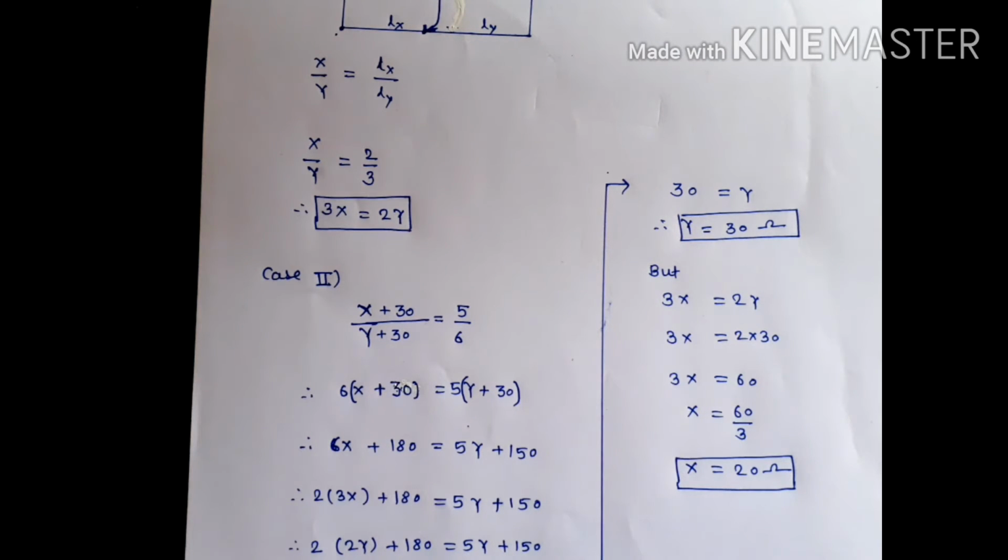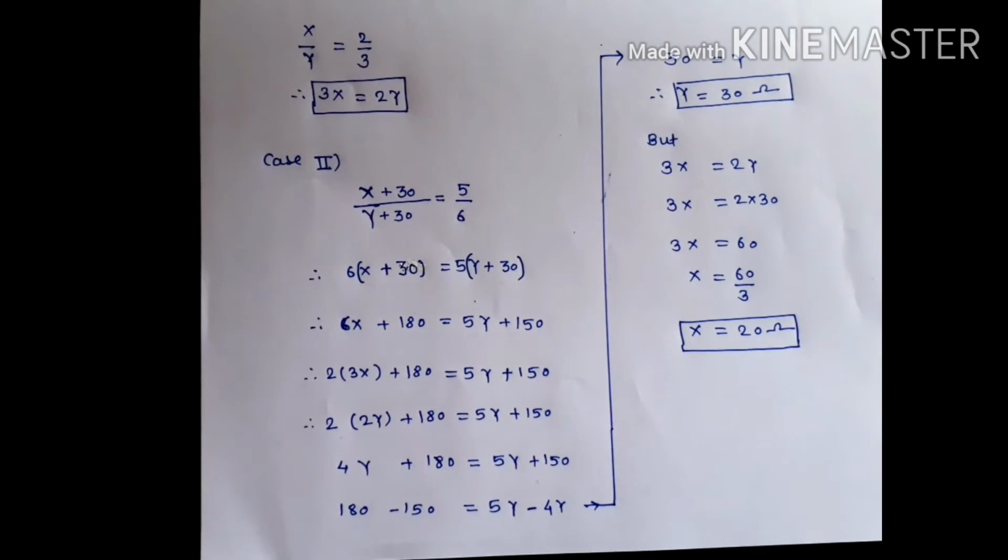By transferring this 150 to LHS and 4y to RHS, we got 180 minus 150 is equal to 5y minus 4y. The 4y is transferred to RHS so it becomes negative, minus. And the 150 which is on the RHS is transferred to LHS, so in the next step it comes 180 minus 150 is equal to 5y minus 4y.